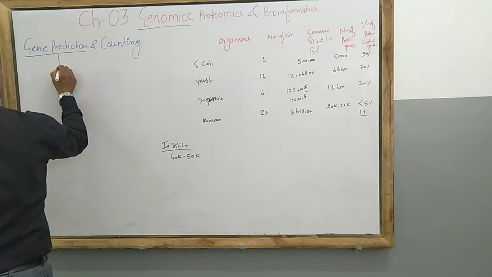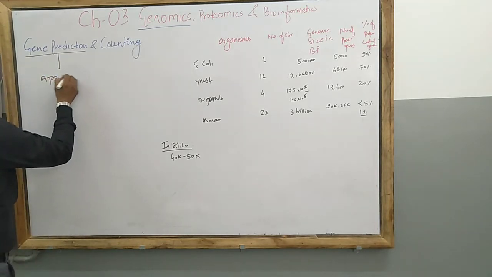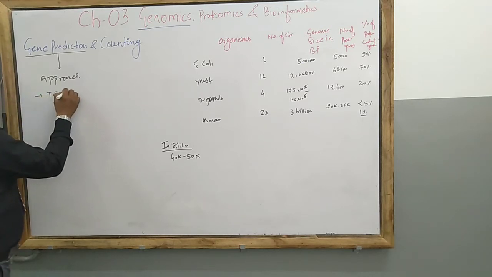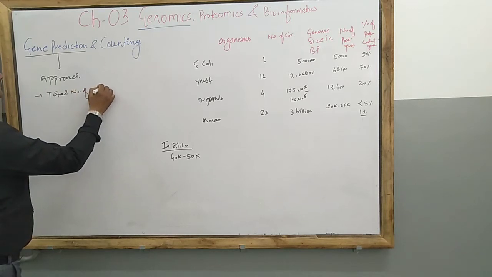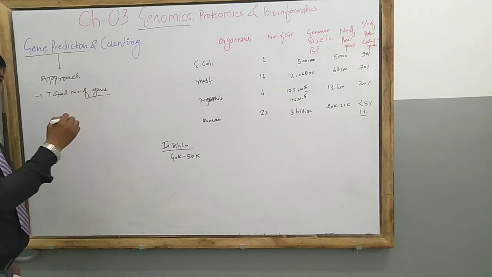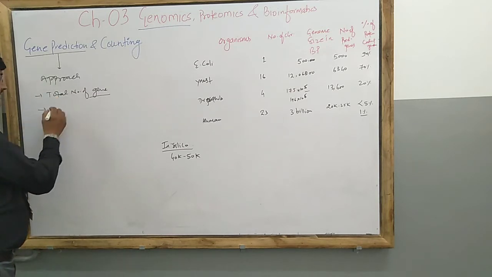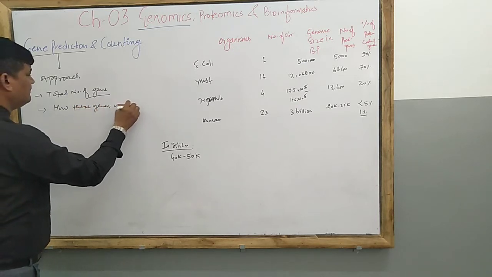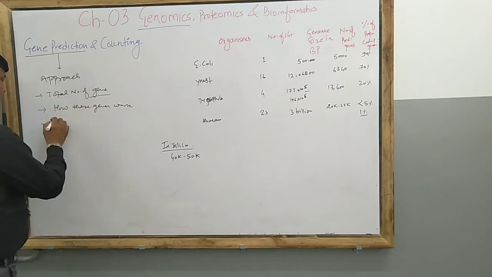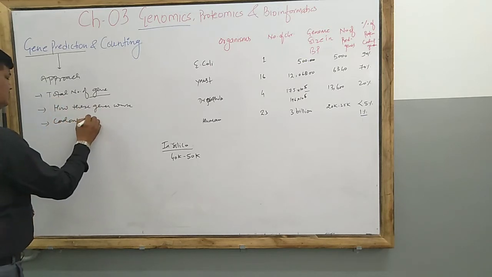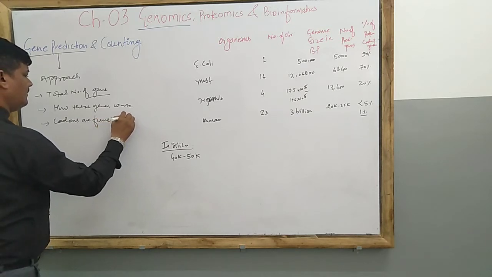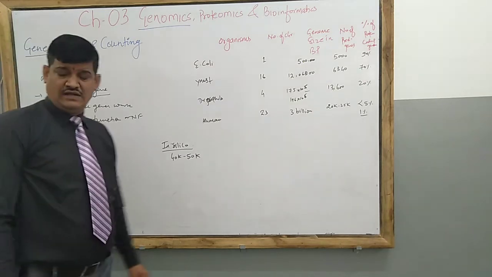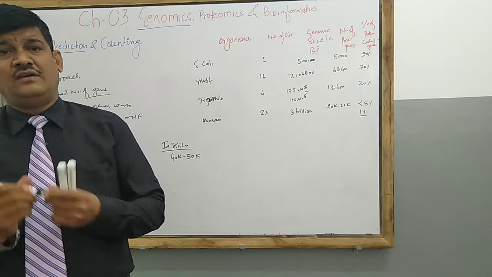So gene prediction is an approach to find out the total number of genes, the gene count, and second, how these genes work, how many codons are functional or non-functional.